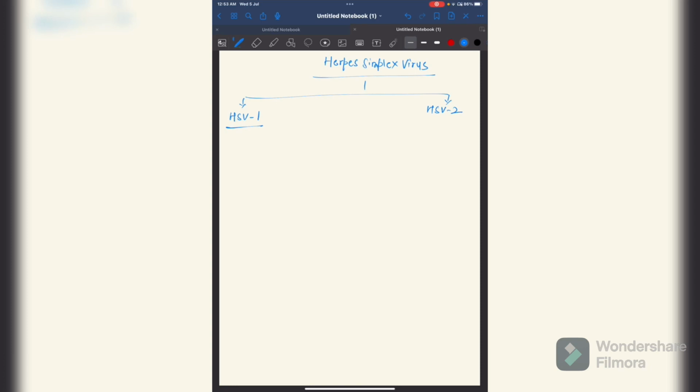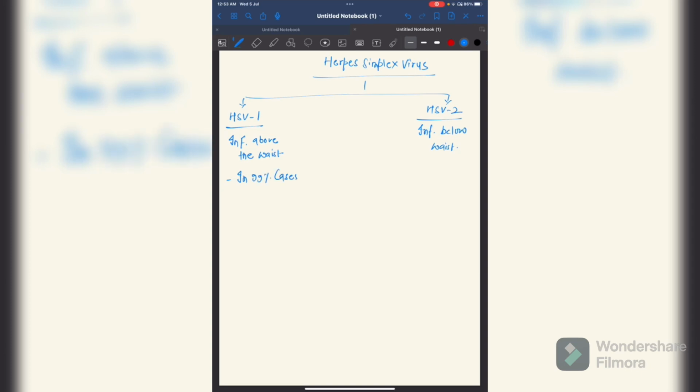Remember, herpes simplex virus 1 infects above the waist, and HSV2 infects below the waist. And remember, in both of the cases, in 99% cases, they are asymptomatic.